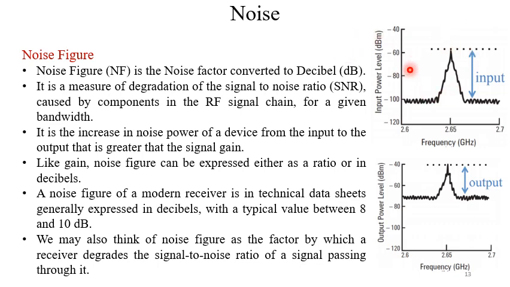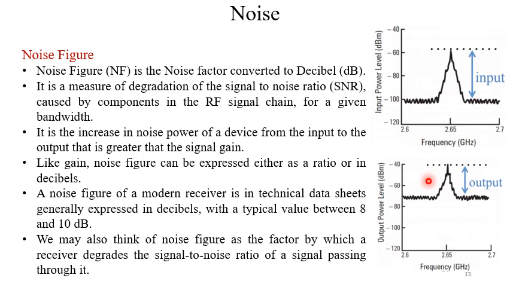So if you consider this input power level, this is the noise floor. If you see this signal in a spectrum analyzer, the x-axis is the frequency axis, the y-axis is the power level. So if the input power is this, this is the signal component, and this is the difference between the noise floor and the signal power.